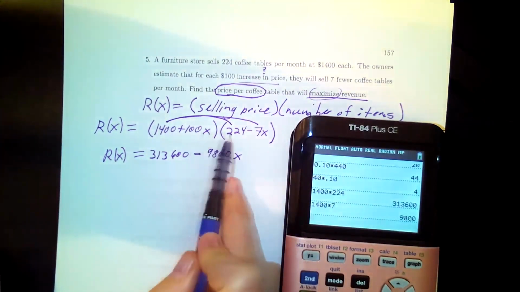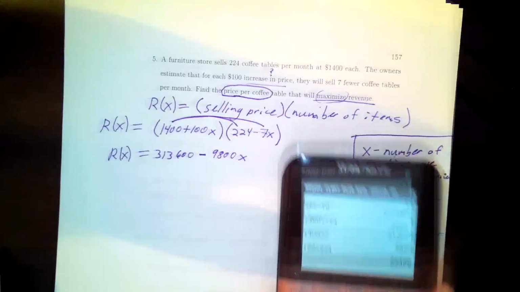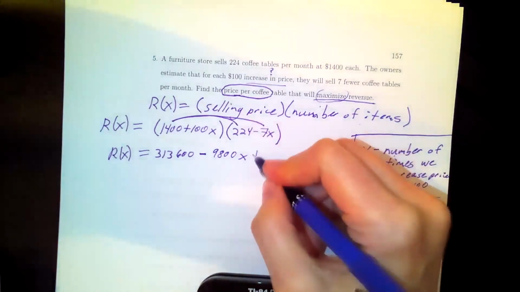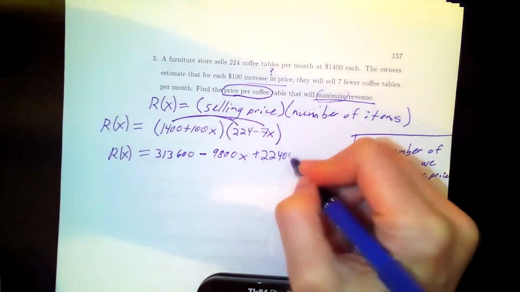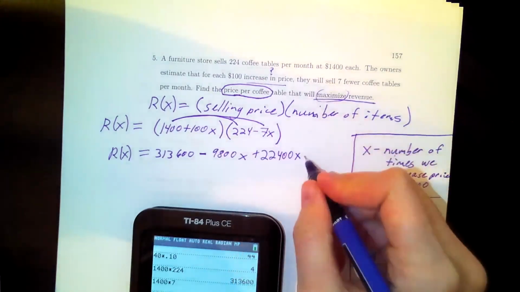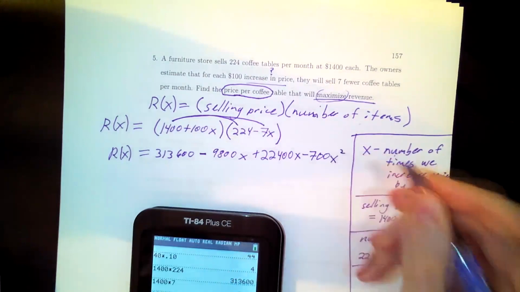Then I have 100x times 224, which is 22,400x. And then 100x times minus 7x, which is minus 700x squared.